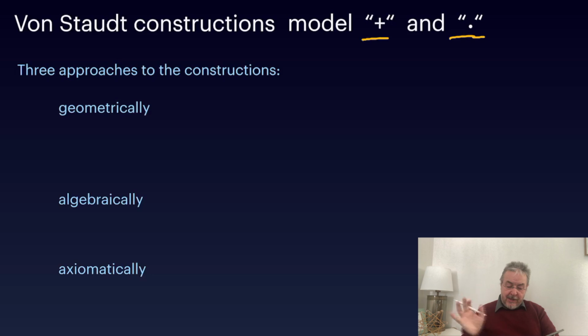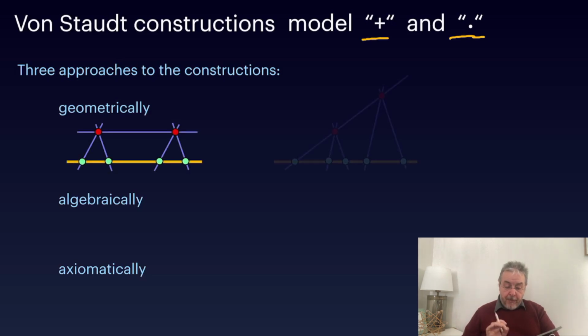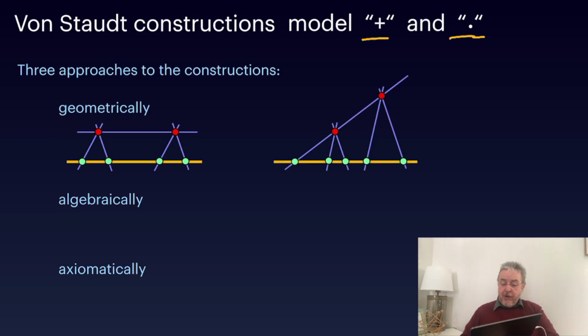And let me just give you a few pictures and formulas here. So the so-called von Staudt constructions are nothing more than those two really innocent looking pictures I'm showing you on that page, and they are able to model addition and multiplication.